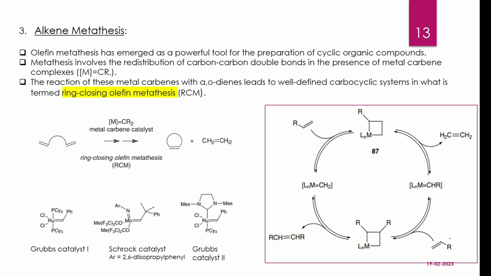Metathesis involves the redistribution of carbon-carbon double bonds in the presence of metal carbene complexes. The reaction of this metal carbene with the diene leads to a well-defined carbocyclic system in what is termed ring closing olefin metathesis.